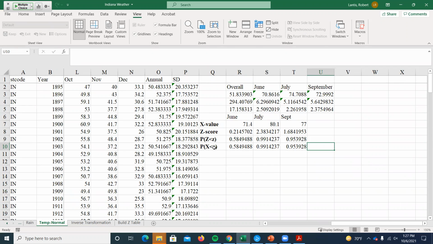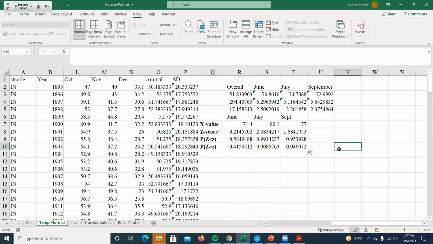So up to Monday, what we had done was turn certain values into z-scores. We then found the probability that we were less than that z-score, acting similar to the table. And then we also did 1 minus to find the probability that I'm greater than a certain z-score.